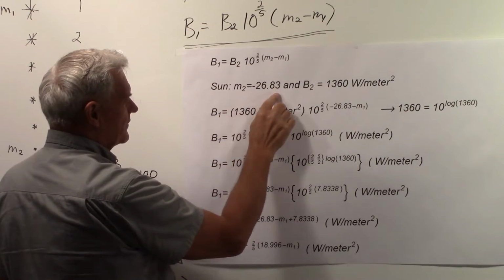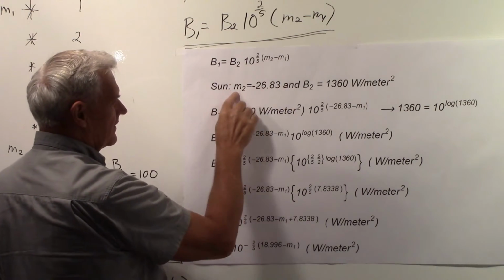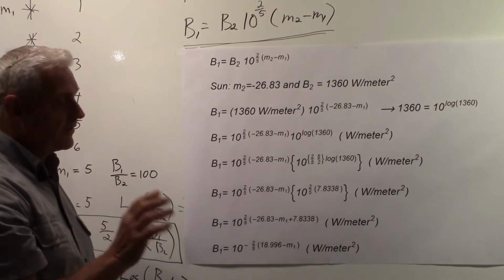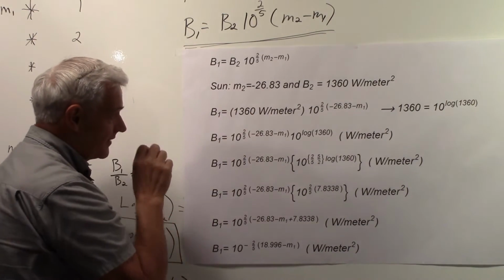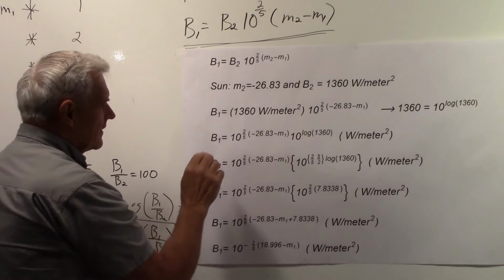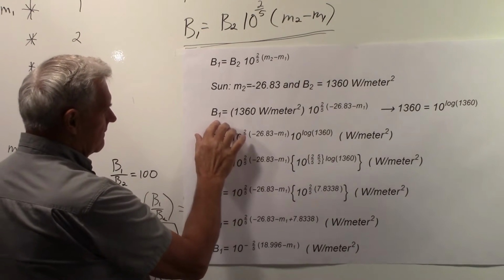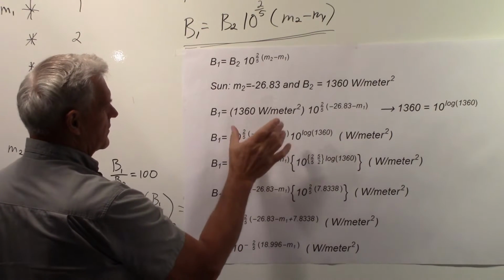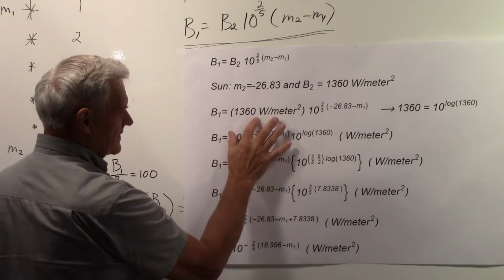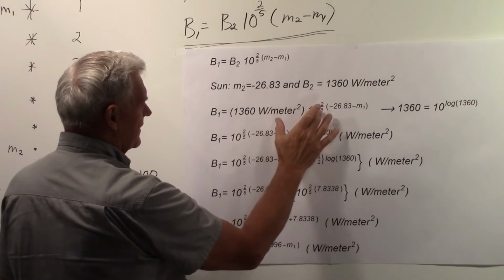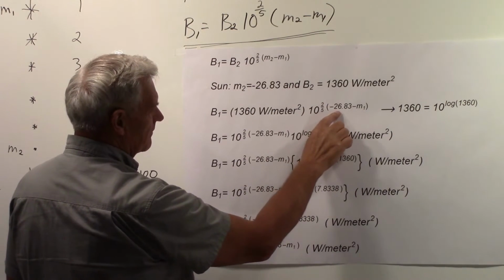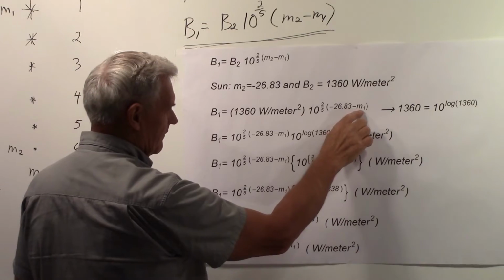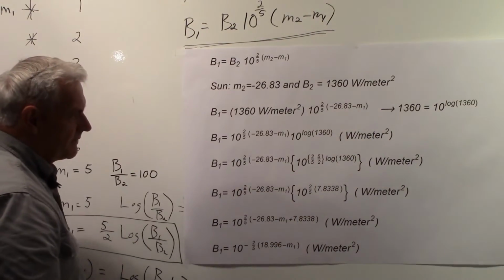And for the magnitude of the sun, we'll put in its magnitude as we observe it here on Earth, and that's really bright at minus 26.83. So if we do that substitution, here's B2 now, 1360. Here's the 10 to the 2/5, we put in the minus 26.83 for M2, and we have minus M1.